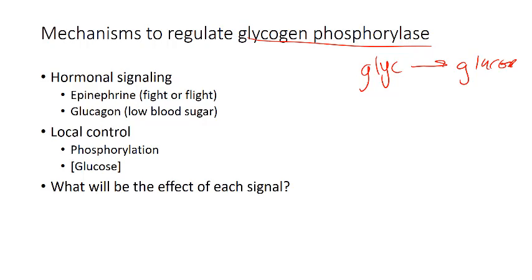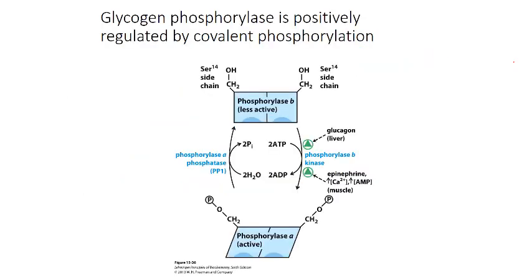If we take a look at what the effects of each signal would be, phosphorylase is active when it's phosphorylated. So we can draw a little phosphate there. And it's not activated when it's dephosphorylated. So glucagon and epinephrine are going to turn on phosphorylase B kinase.